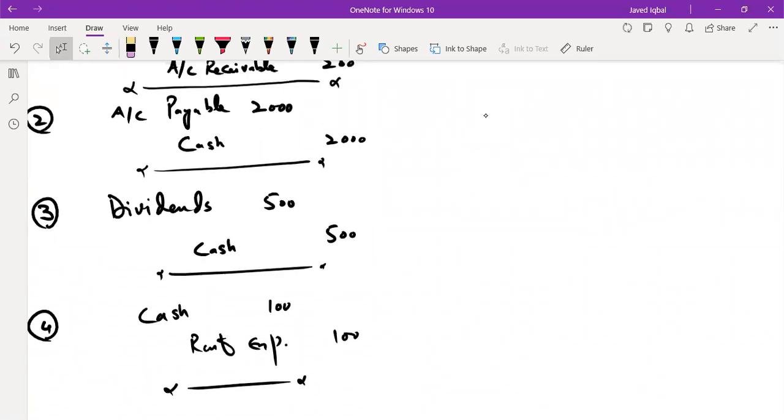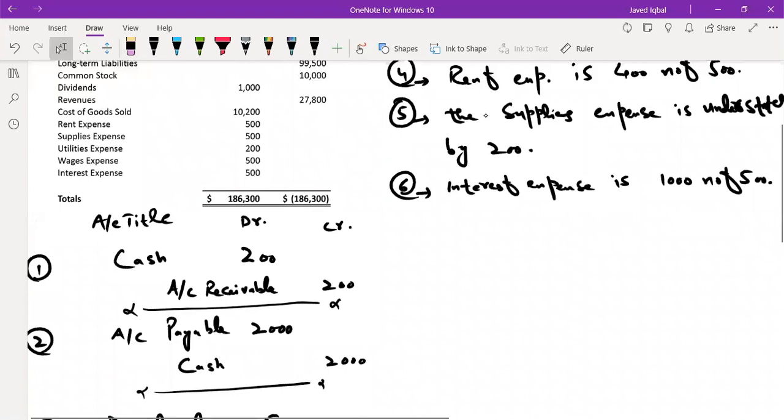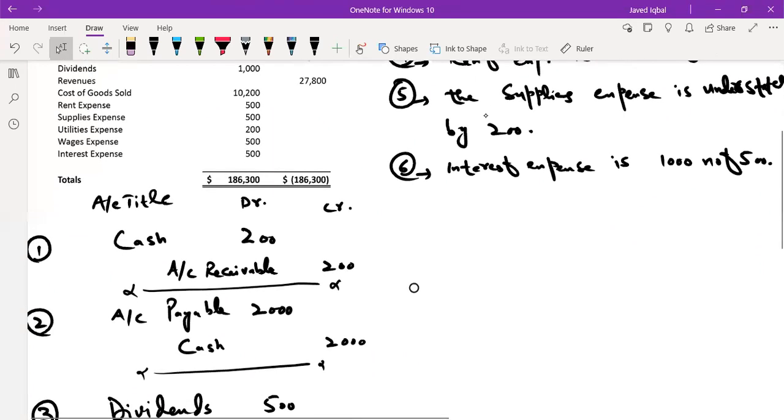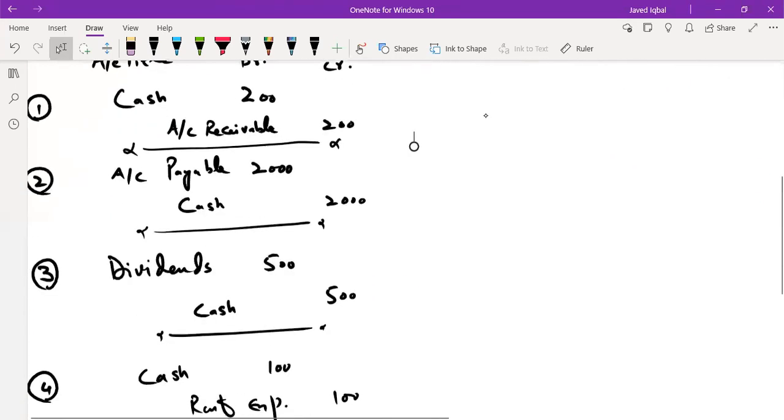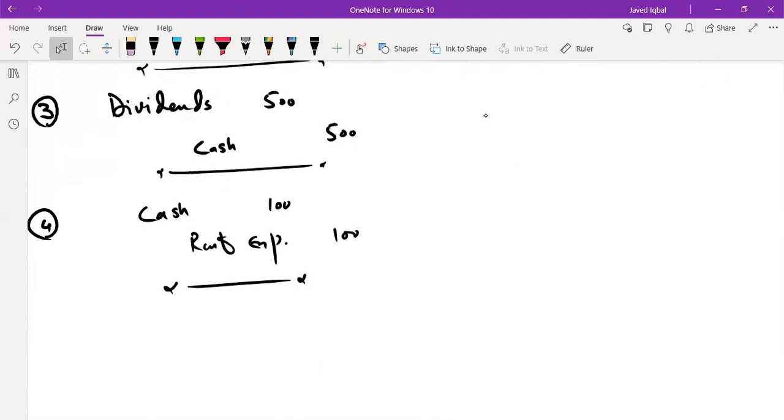Moving on to transaction number 5, which states office supplies expense is overstated by 200. So this is also overstated. So it needs to come down. So to get it to 200, we'll do the similar thing which we did in the previous transaction.